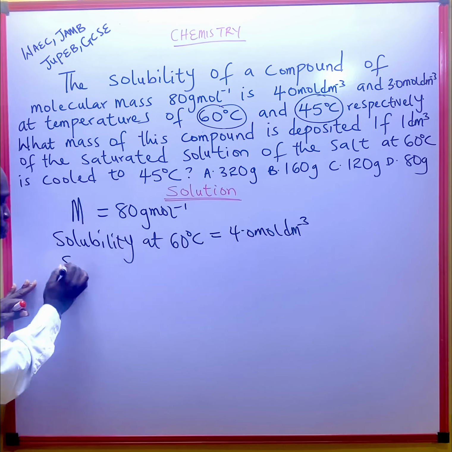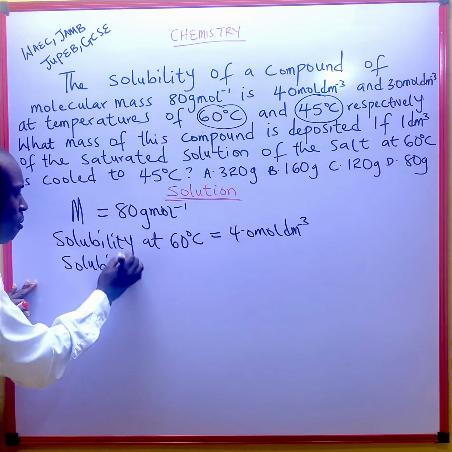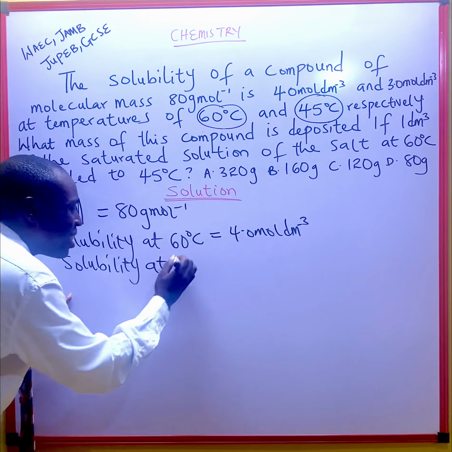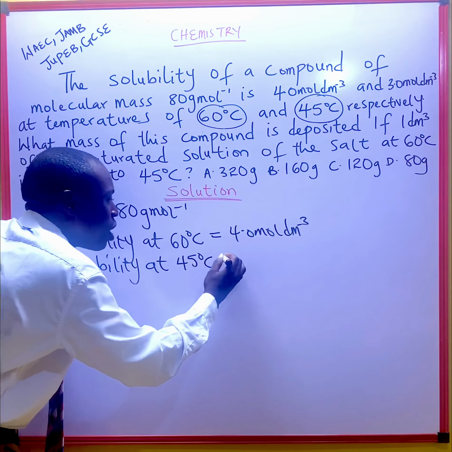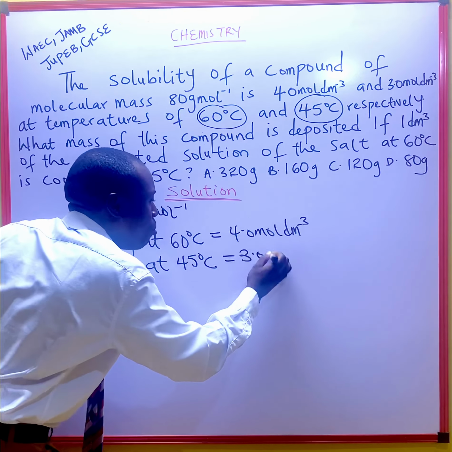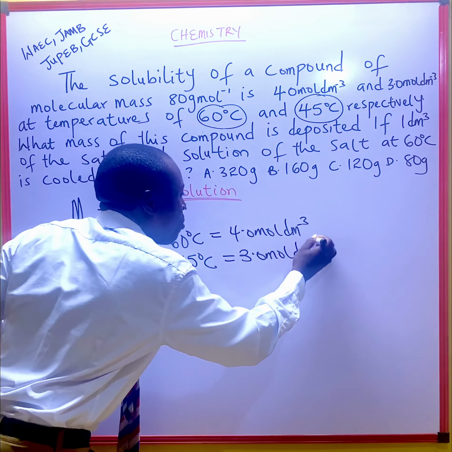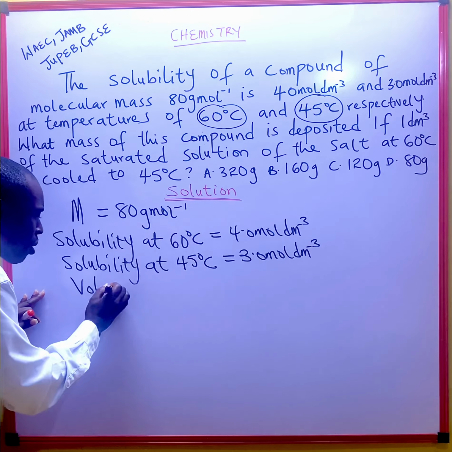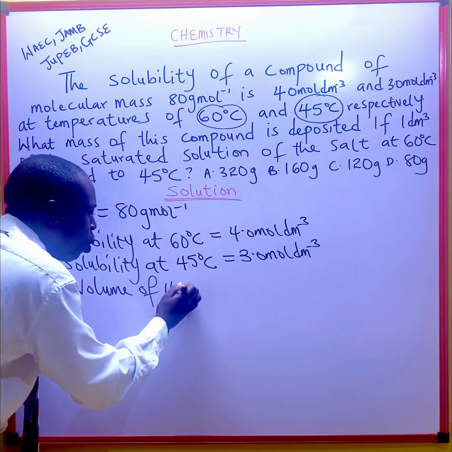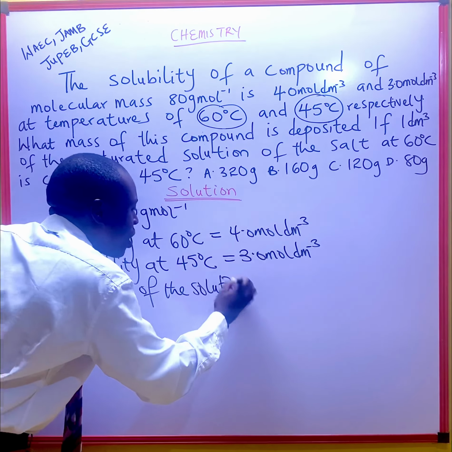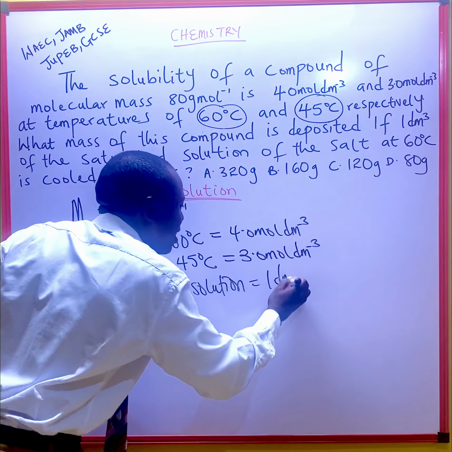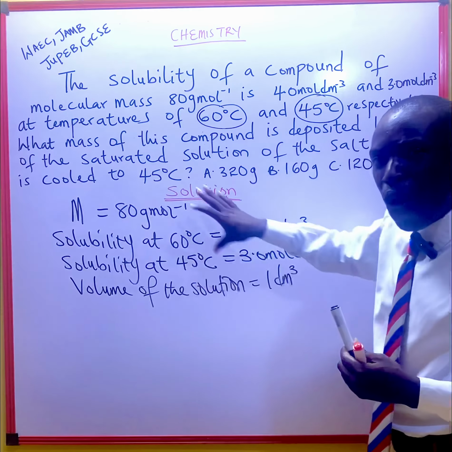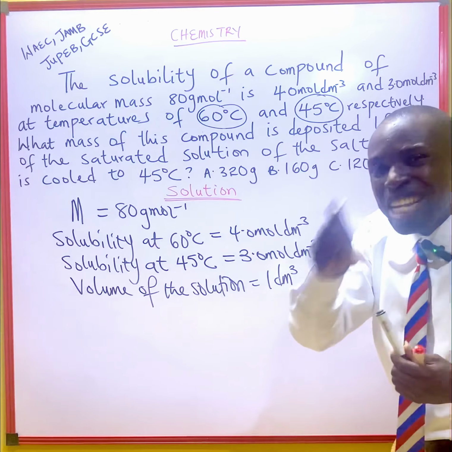We're also given the solubility of the compound at 45 degrees Celsius is equal to 3.0 mole per dm cube. And do not forget, the volume of the solution was given to be 1 dm cube. With all these parameters, the answer can be solved.